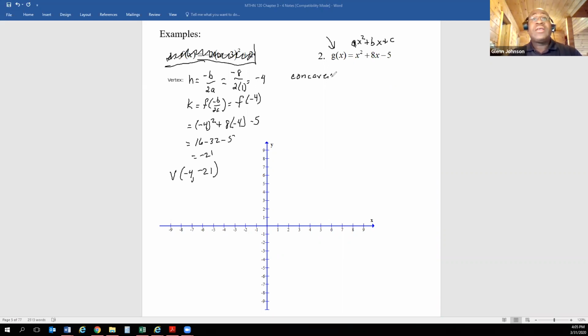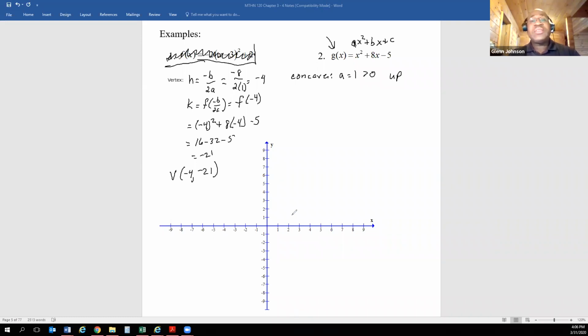All right, so is this going to be concave up or concave down? Well, in this case, the a value is equal to 1, and that's a positive number. So therefore, this graph is going to be concave up. So from the vertex, wherever it is, we know the graph is going to be moving upward.